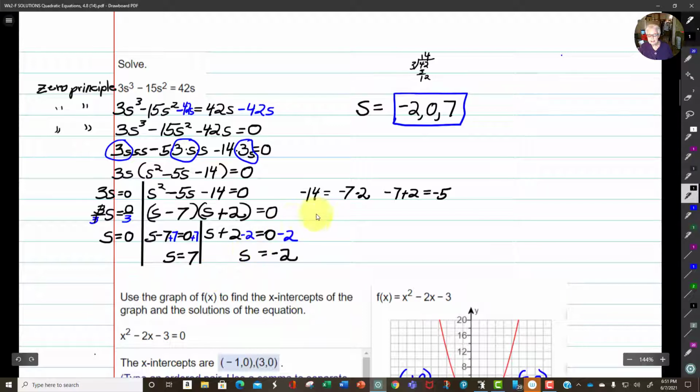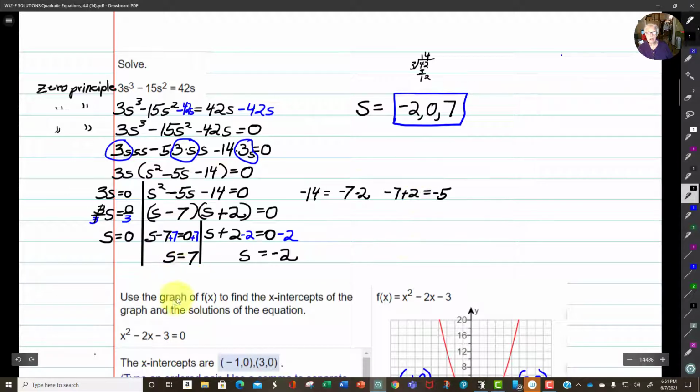Notice that we factored negative 14 over here because there's an invisible 1 leading coefficient. Negative 7 times 2 gives us negative 14, and negative 7 plus 2 is negative 5, which is the middle number, the coefficient of the linear term.